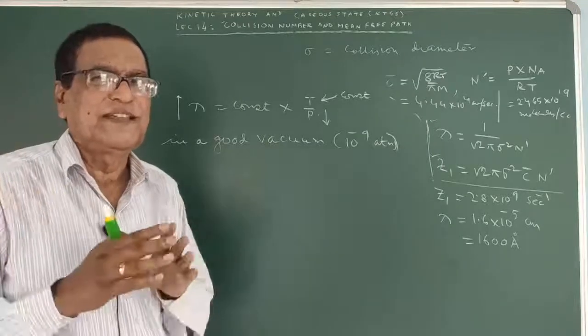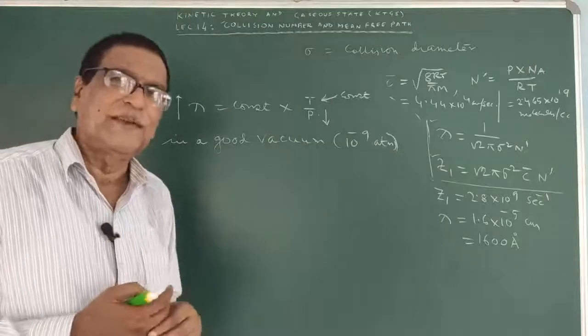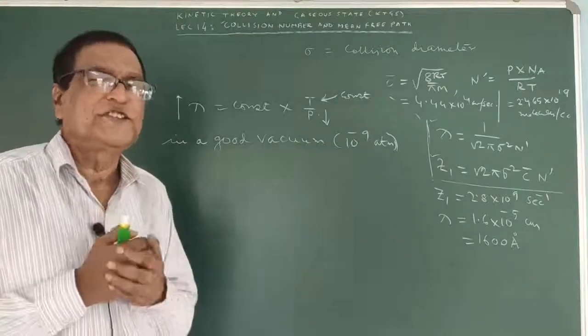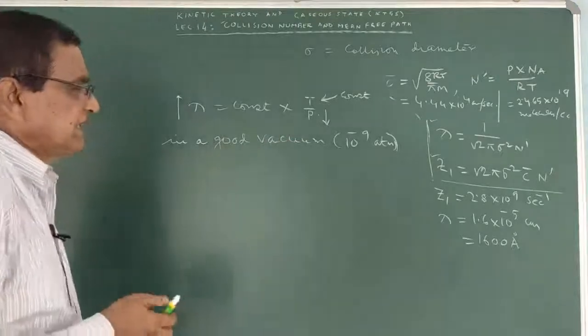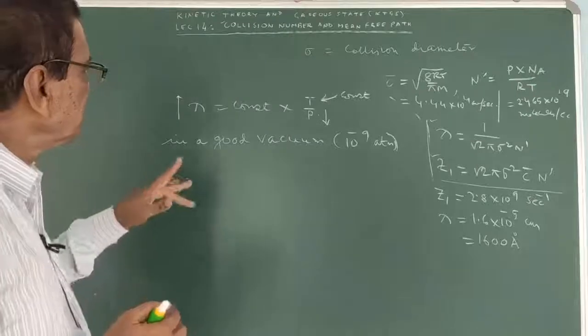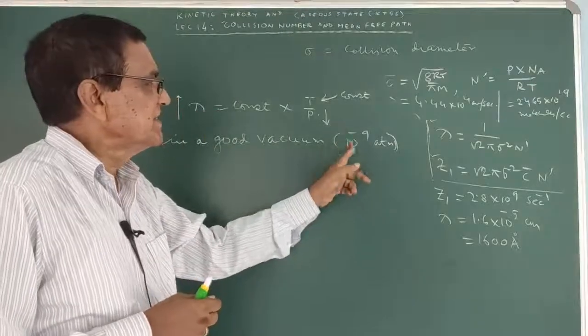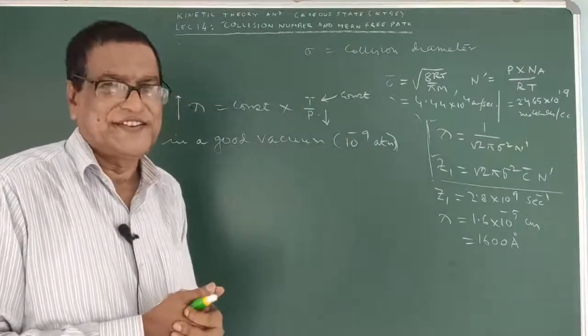Whatever exhaust pump you can apply to reduce this pressure to 0, so this is a good vacuum. Now I would like to calculate what the mean free path will be when the pressure is this value at the given temperature of 25 degrees centigrade.